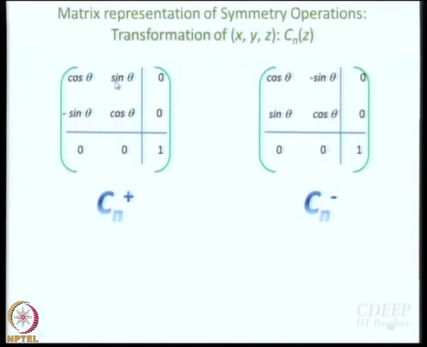So, this sin theta, for example, that is a contribution of y in x dashed, right. x dashed, y dashed is equal to cos theta sin theta, minus sin theta cos theta, multiplied by x y. So, x dashed equal to cos theta x plus sin theta y, is that right? So, the sin theta is the coefficient of y in x dashed.